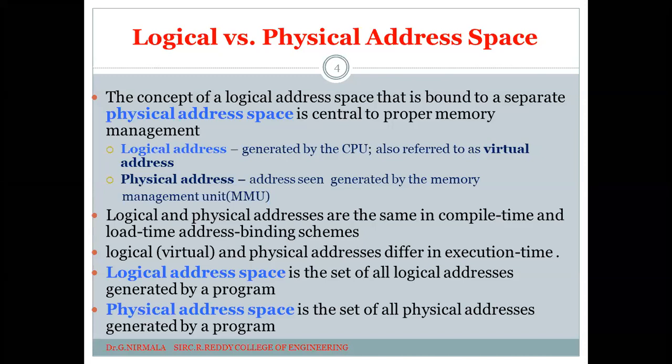Means CPU generates while execution. That address you are called as either logical address or virtual address. CPU generated address you are called as logical or virtual address. And then physical address, an address generated by the Memory Management Unit, MMU, called as the physical address.